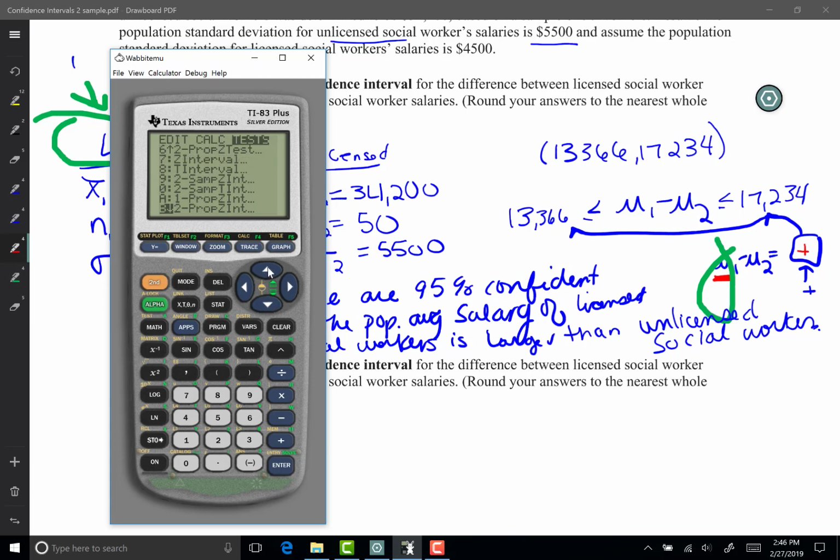We have to go all the way down to 2 sample Z interval, not Z test. My fault. We want our confidence level to be 0.99. I knew I went in the wrong one because I didn't have that option. Hit enter.